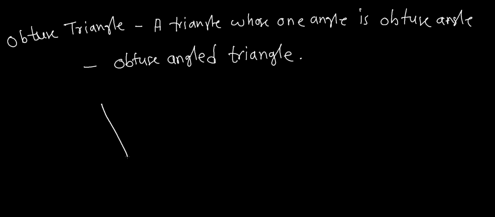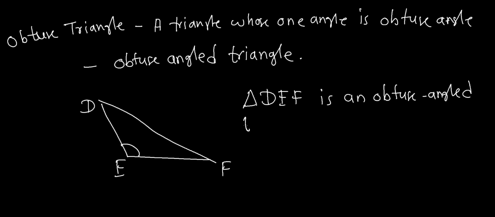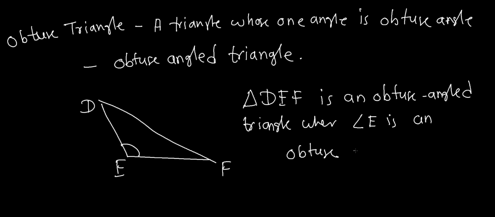So let's say we draw a triangle like this. So here it makes an obtuse angle, let's say DEF. So triangle DEF is an obtuse angled triangle, where angle E is an obtuse angle.